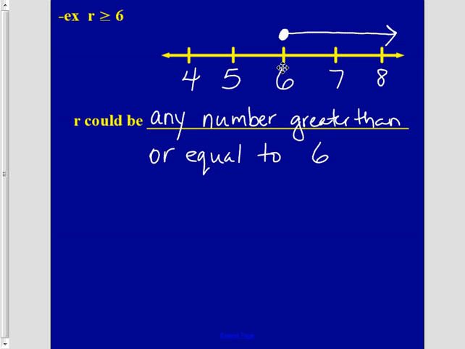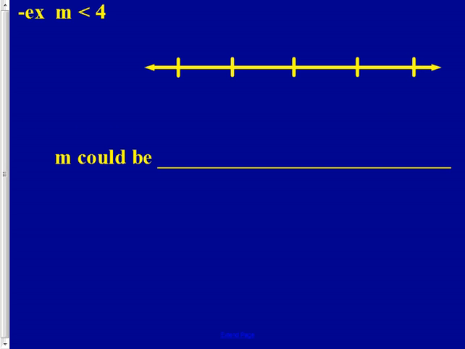Let's look at another example. If m is less than 4, then we're comparing m to 4. We put some numbers that are greater than 4 and some numbers that are less than 4. It says m has to be less than 4. So can m be 4? No, it can't be. So I'm going to use an open circle, because we're starting at 4, that's the number we're considering, but it can't actually be 4. Then think about what numbers work.